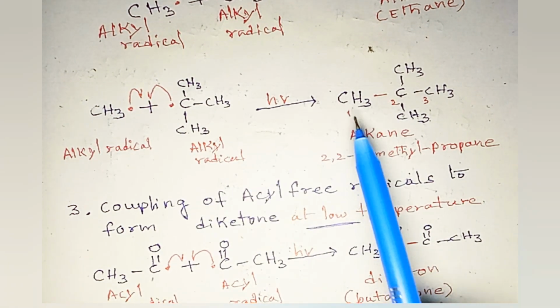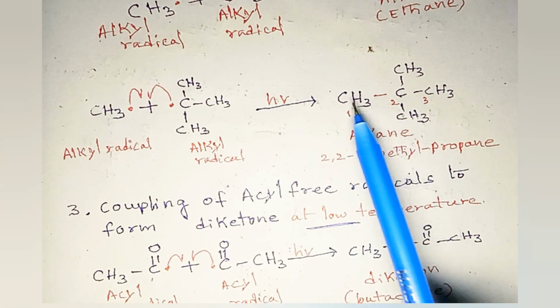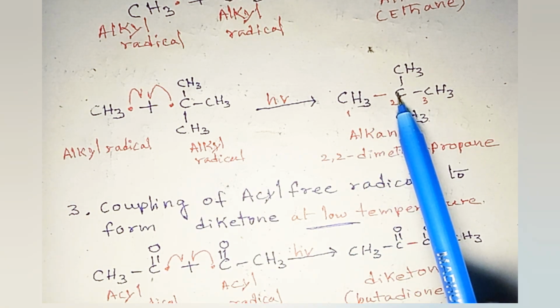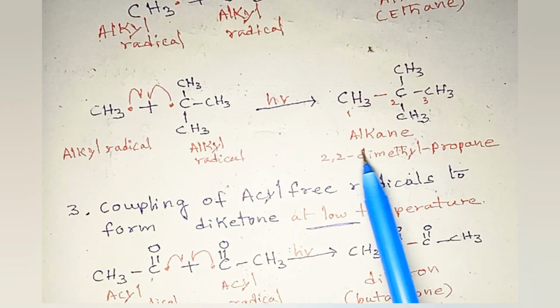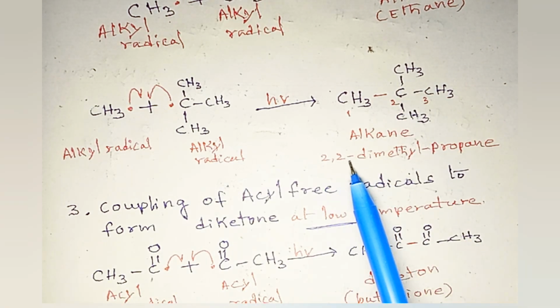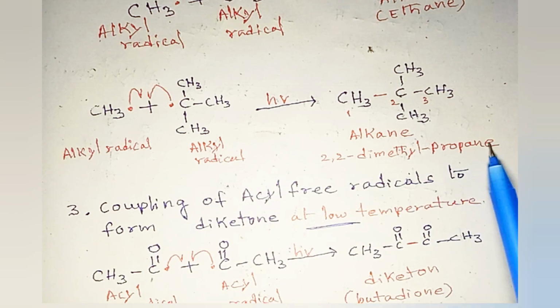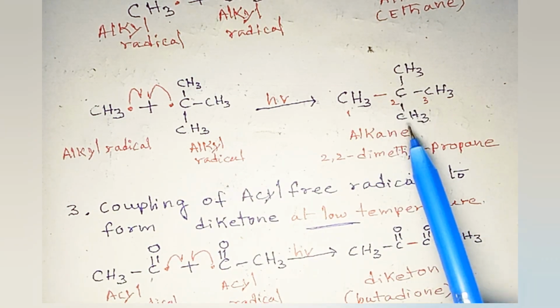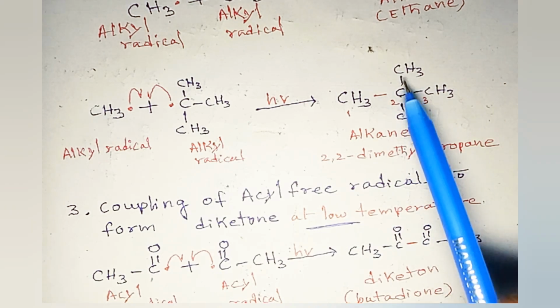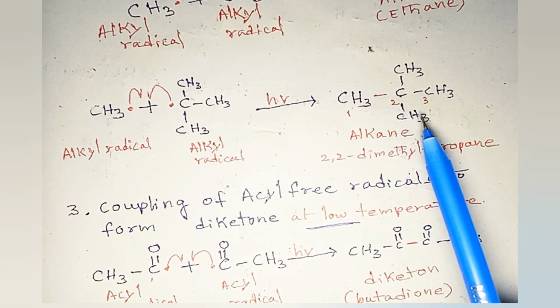So we get an alkane, CH3 C, CH3 and CH3. This is 2,2-dimethyl propane, because two methyl groups are attached to the second carbon.